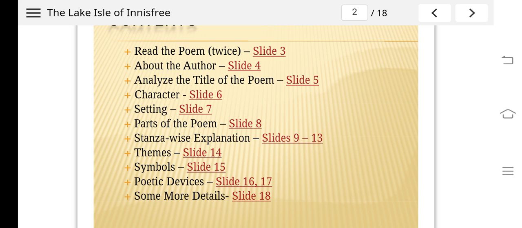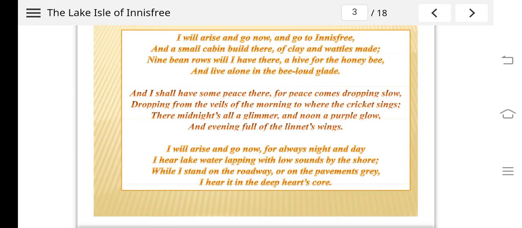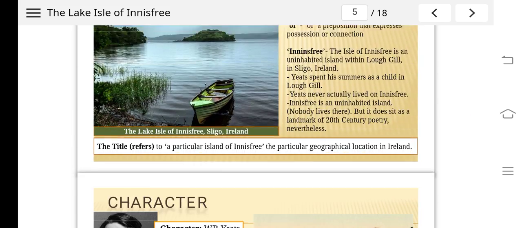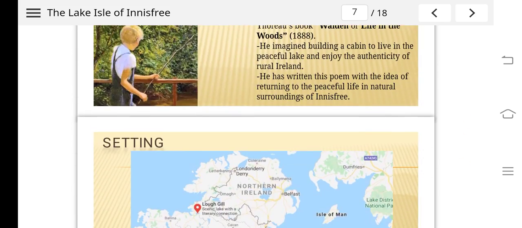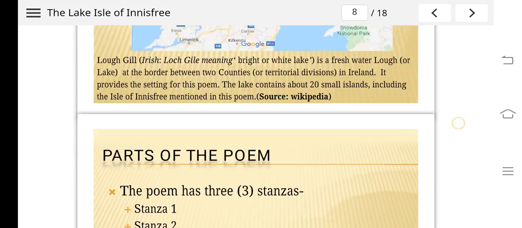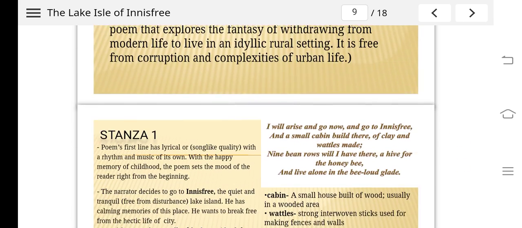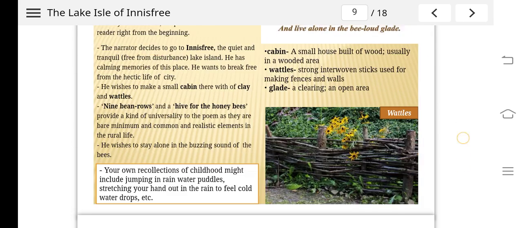We read about the parts of the poem in the 8th slide, and in the ninth slide a stanza-wise explanation. So we have read the explanation of the first stanza in the first part of the video, and today we are going to cover the remaining part of this poem.